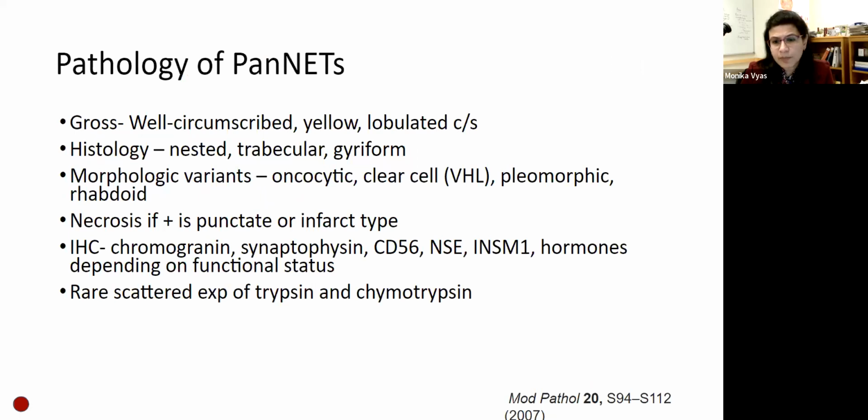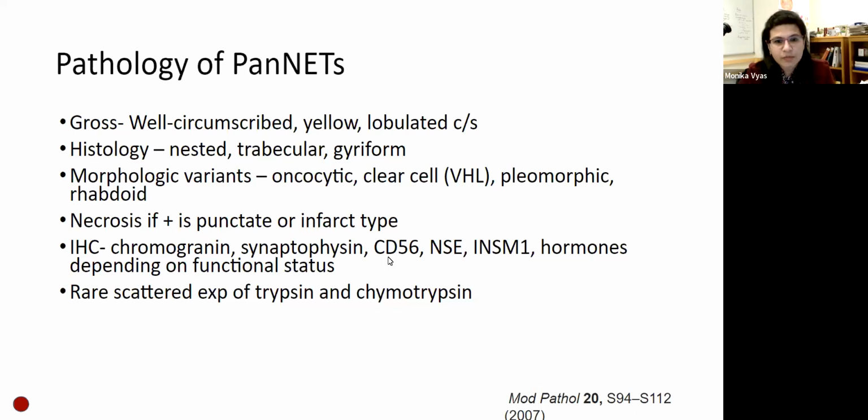So we went over pathology pretty much. Cytologic features could include oncocytic or rhabdoid features, or some tumors can show a lot of neuroendocrine atypia, so that should not mislead you to diagnose a carcinoma. Usually in the well-differentiated neoplasms, if there's necrosis, it is either punctate or infarct type necrosis, but necrosis is not a criterion that we use in distinguishing carcinoma from neuroendocrine tumor anymore.